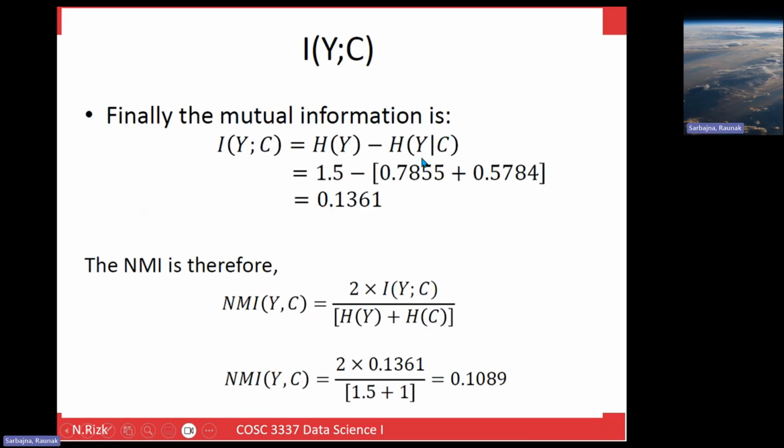So the two that we got are the two values in the bracket. This will be 1.5 minus that, and then 2 times that value, divided by 1. What is the range of values that we expect from this process? Is it usually 0 to 1? It's normalized, so it's between 0 and 1. Excellent.